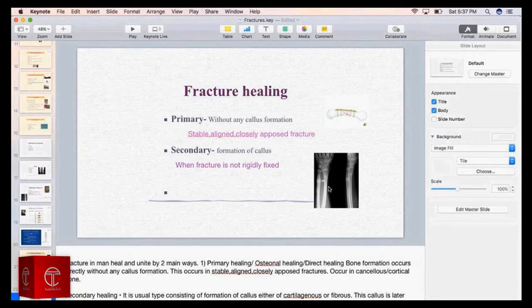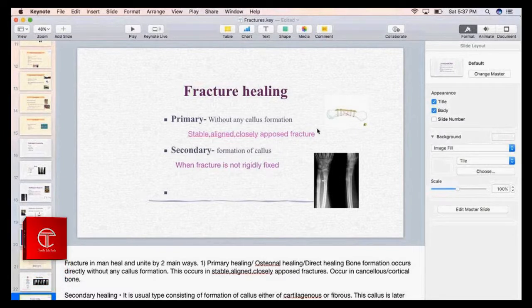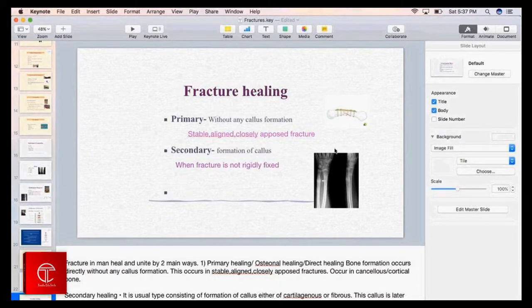So if the fracture heals by external callus, as shown in the X-ray of the forearm, in the ulna you can appreciate a swelling at the fracture site, the external callus. That is secondary healing. But on the contrary, if the fracture heals without an external callus, it is known as primary healing. So how can you make the bone unite by primary intention?